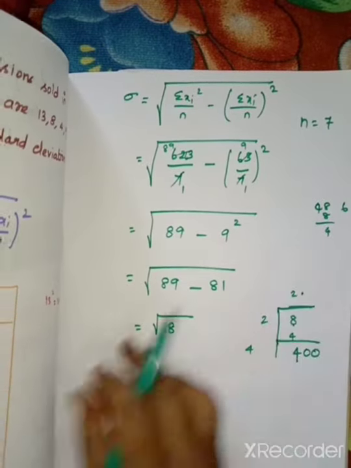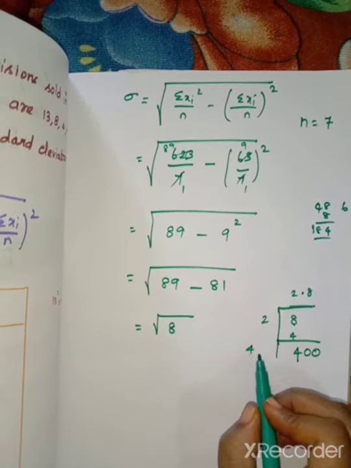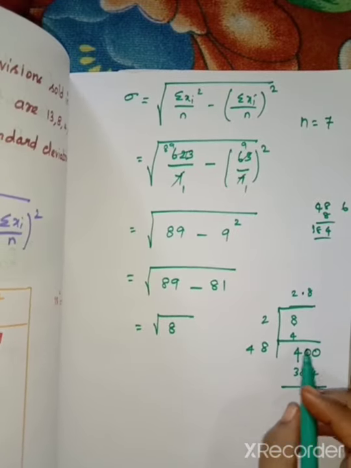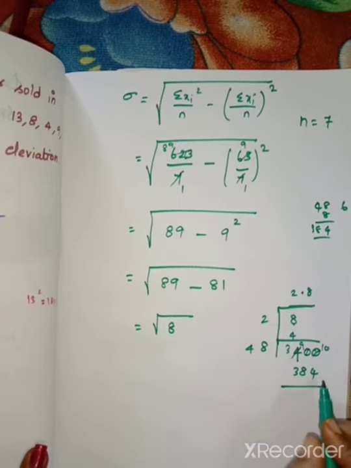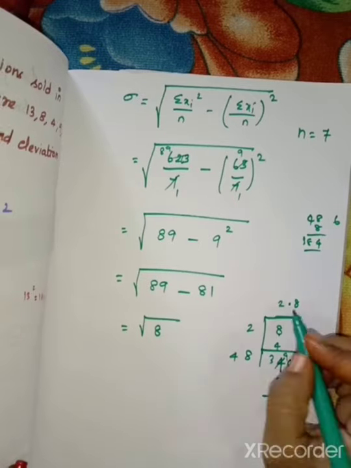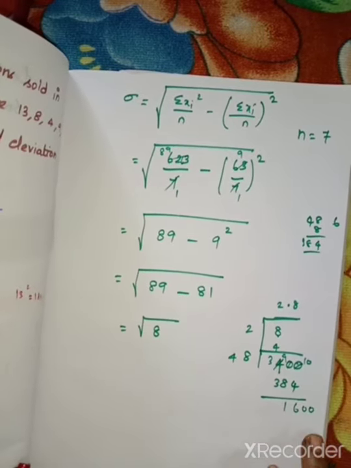Then 8 4s are 32, 32 plus 6 is 38. So 8 is there, so 384. Then if you subtract, here we have 3, 9, 10, 10 minus 4 is 6, 9 minus 8 is 1. Again if you want, put the point, then 0 0, because 2 zeros.